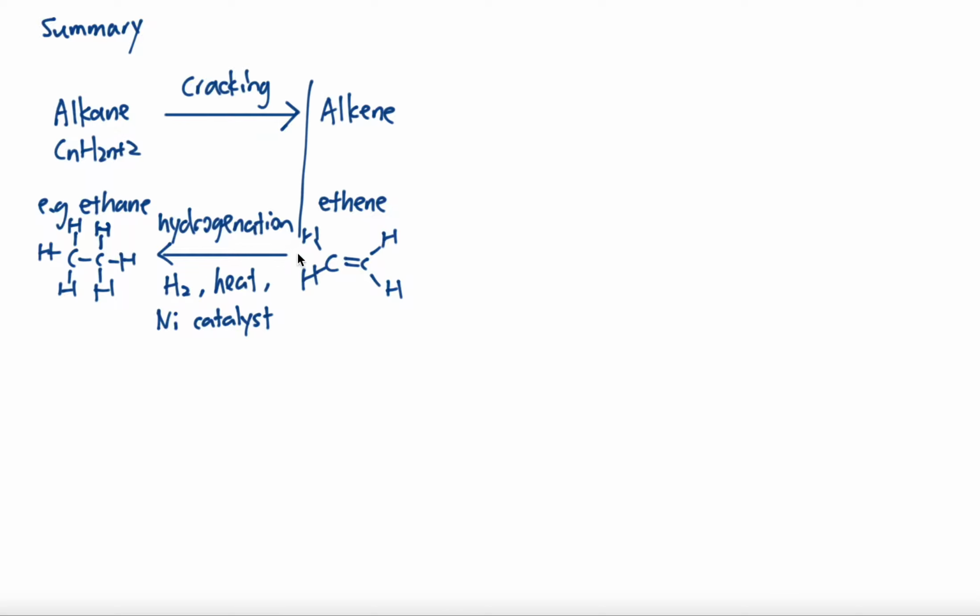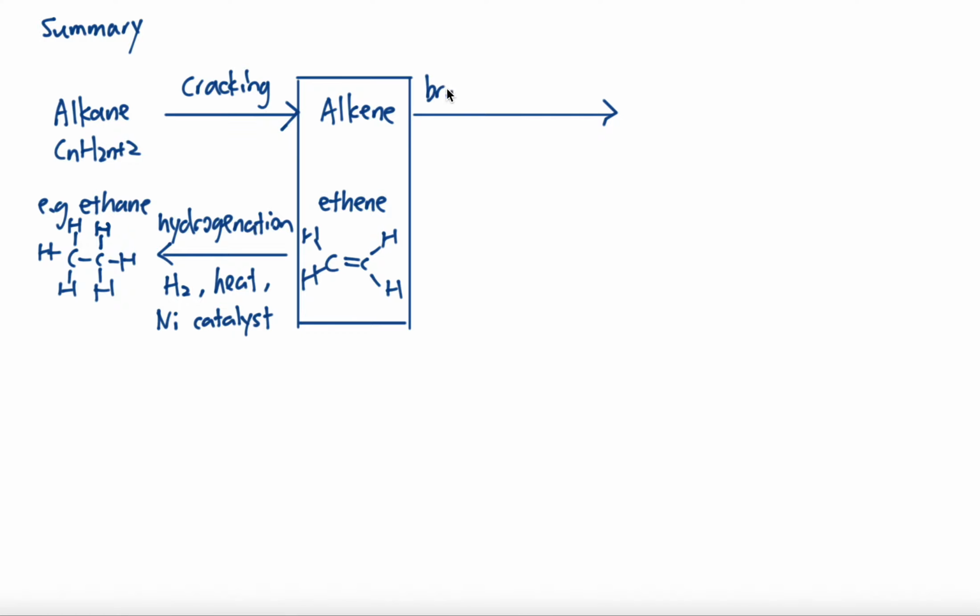Let's look at some other addition reactions of alkene. I'm going to make a box over here. So for alkene, we have looked at the hydrogenation, or the addition of a hydrogen molecule. Let's add a bromine molecule over the carbon-carbon double bond. Adding a bromine is called bromination.